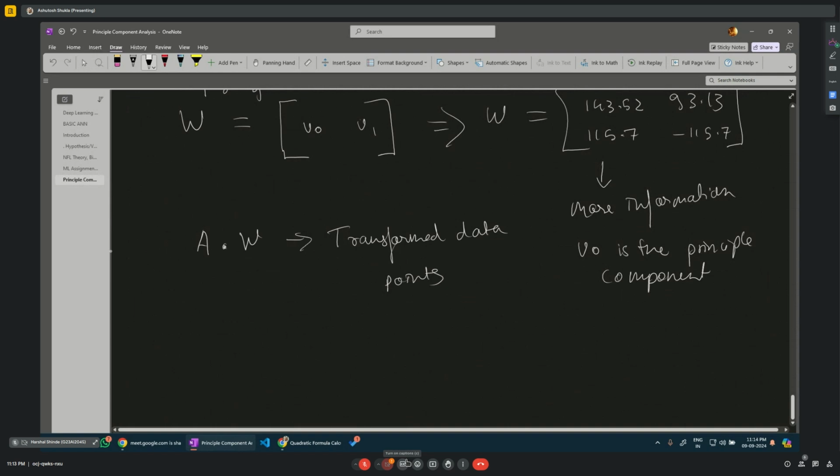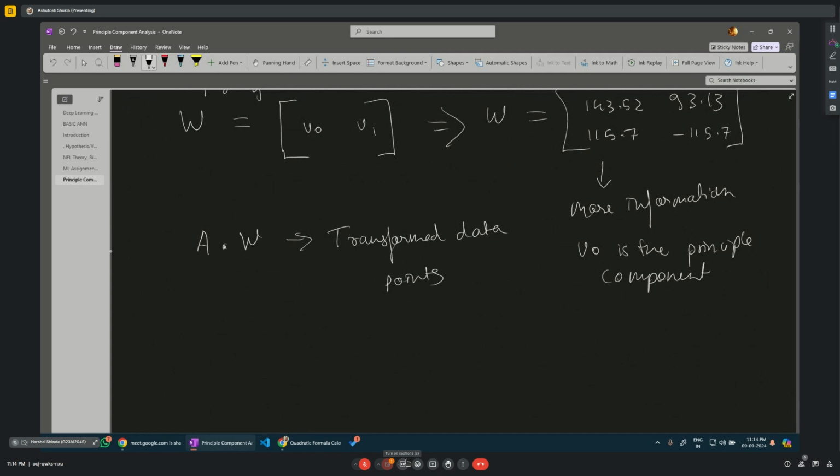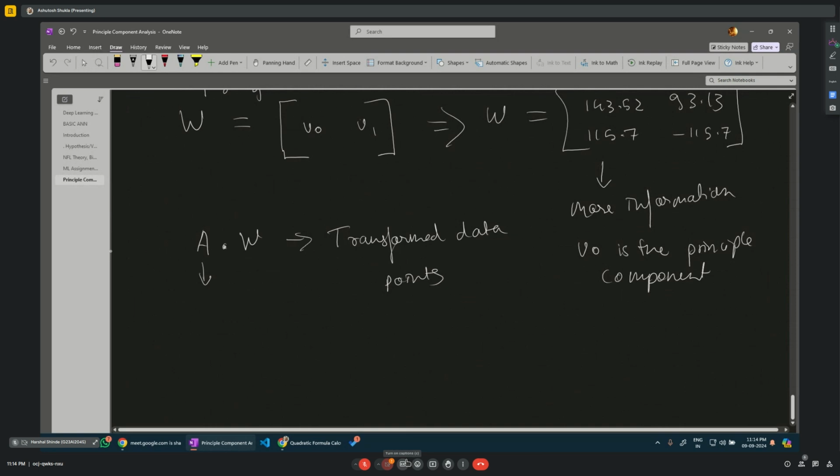So it will change the values of A, but it will still be in the same dimension. It won't change the dimension of the data, it gives an output matrix of the same dimension, but the values will change.